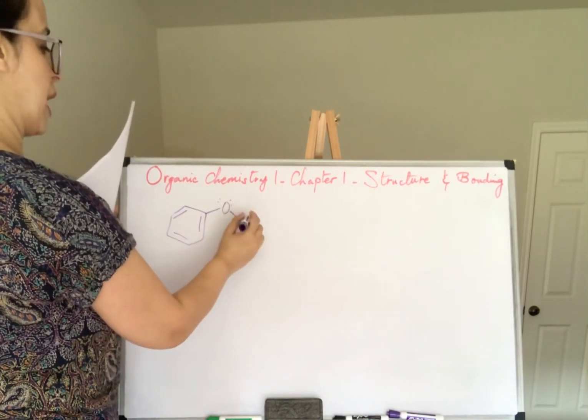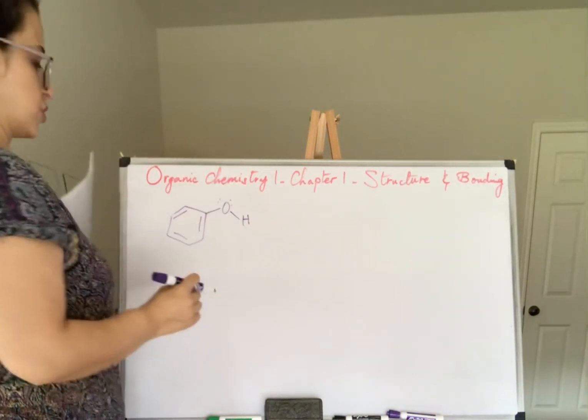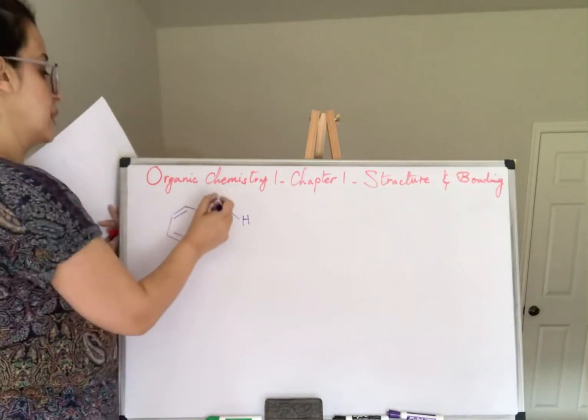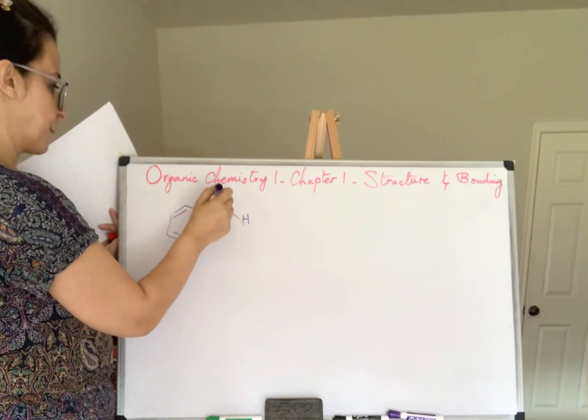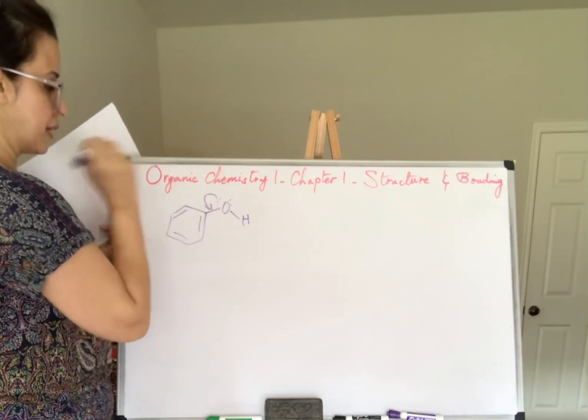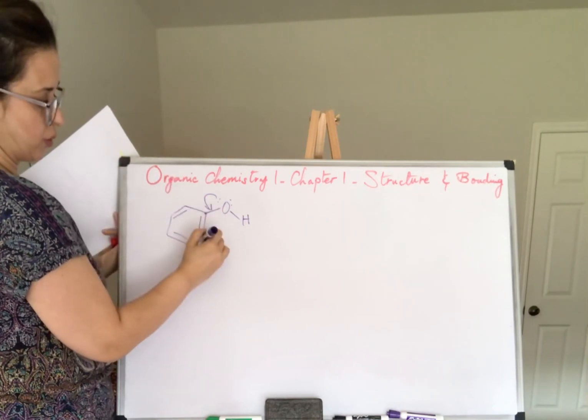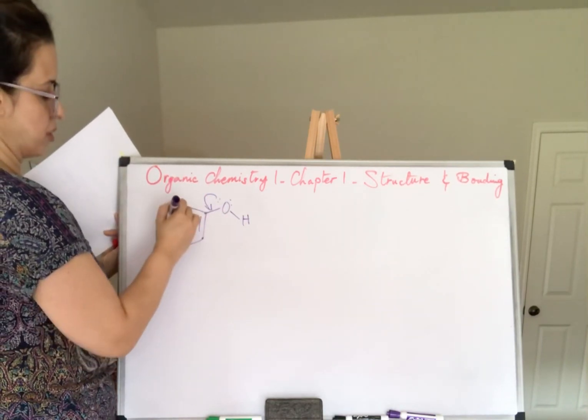So why do we have more than 1 resonance structure? Because you have more than 1 double bond. You see that you can move the electrons here because you want to keep the octet complete on this carbon, because they're all carbon. We will learn how to draw all of these structures.